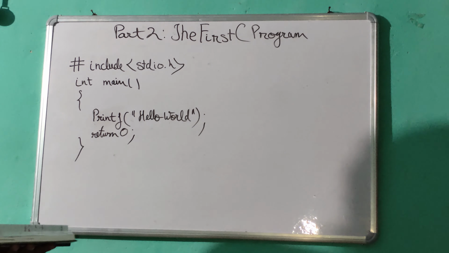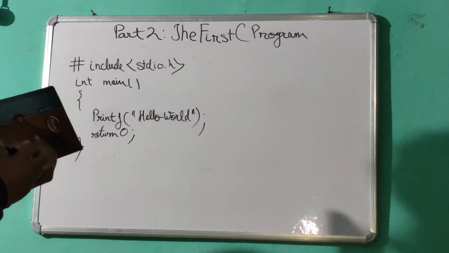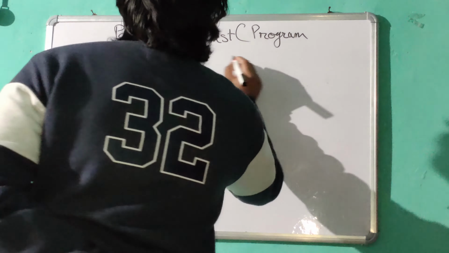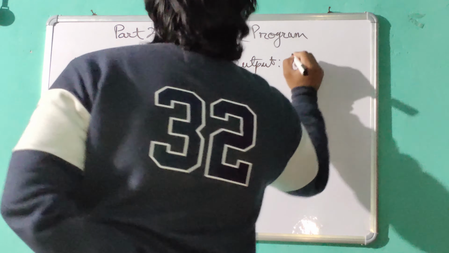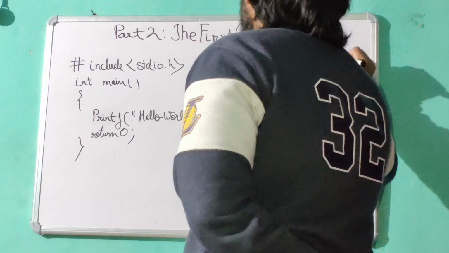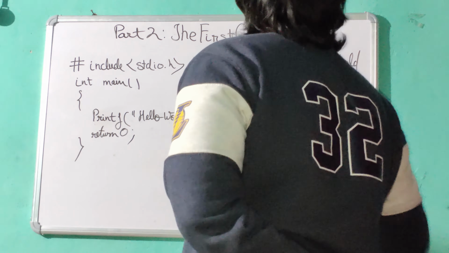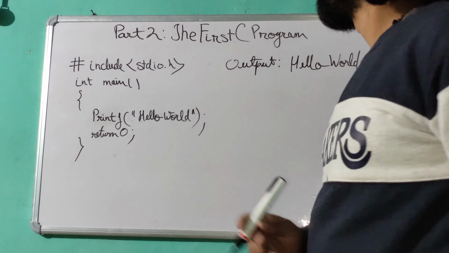This is a basic C program that we are seeing on the board. This program gives the output hello world. It is the basic program that everyone learns when they start C programming.